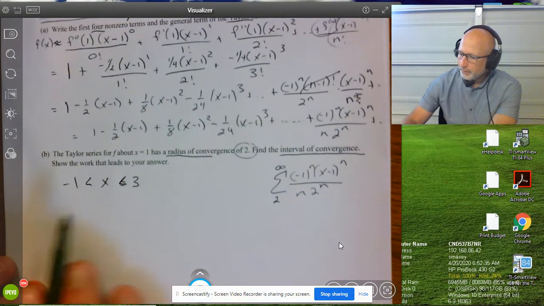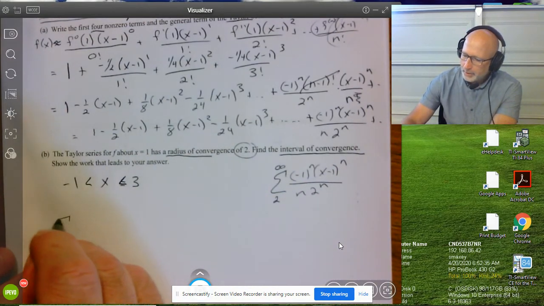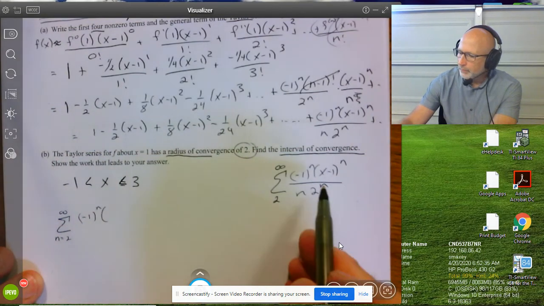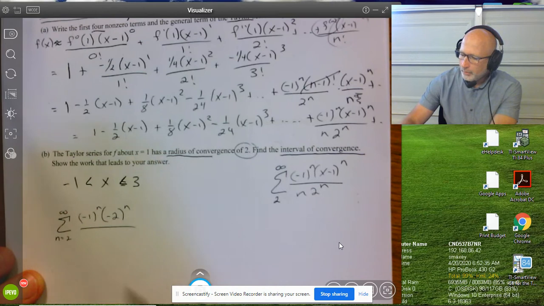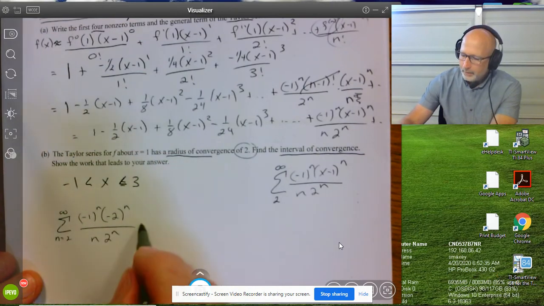You plug in the endpoint. So I'm going to plug in the endpoint here, negative 1. Okay, so I have the summation as n goes from 2 to infinity of negative 1 to the power of n times negative 1 minus 1, which gives you negative 2 to the power of n, all over n times 2 to the power of n. Now, this can be rewritten.